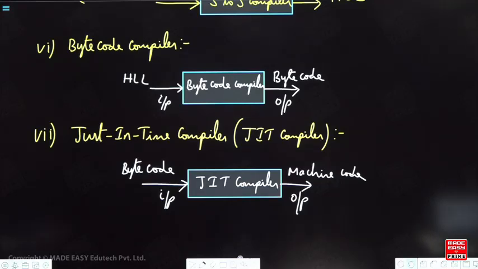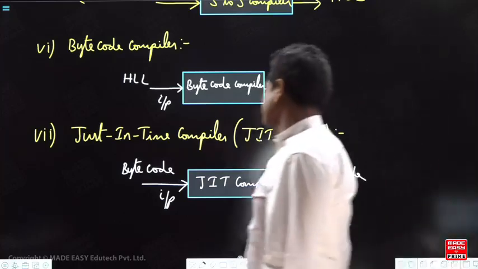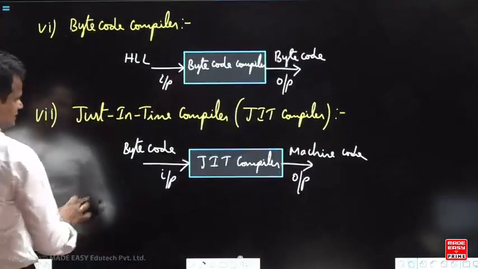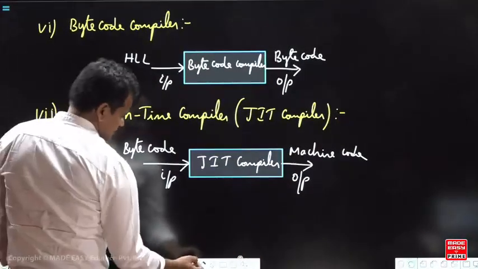It converts bytecode into machine code. So these are the types of compiler.